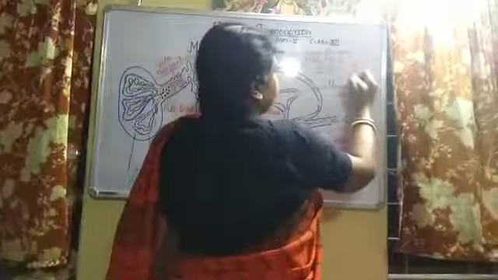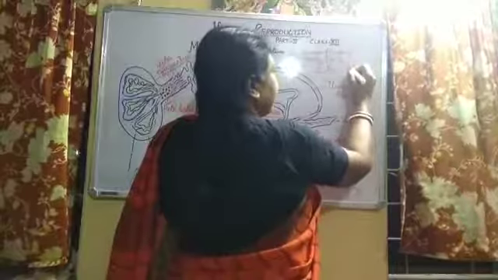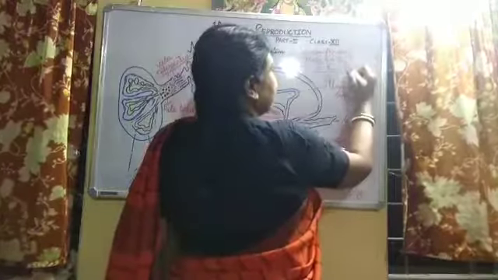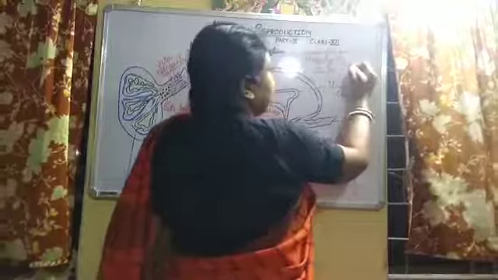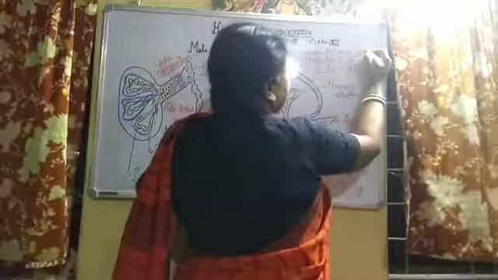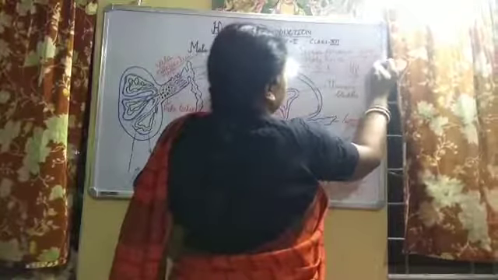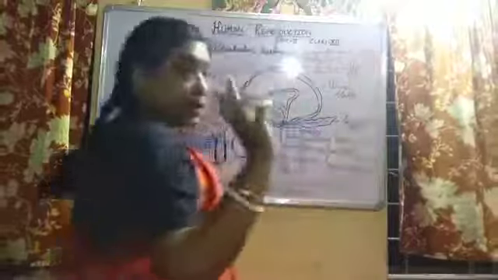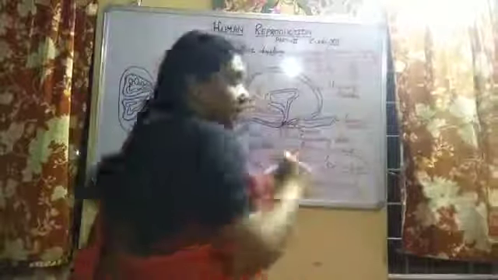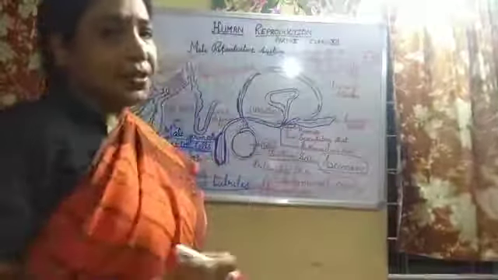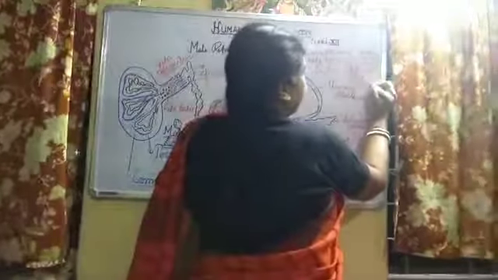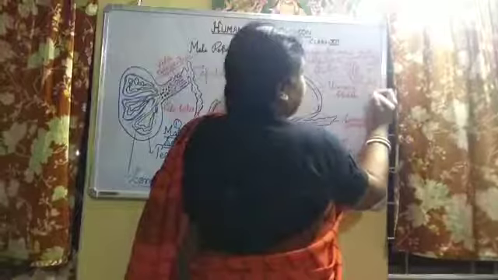If the seminiferous tubules are coiled structures, you will find space in between two seminiferous tubules, and this space is known as interstitial space, consisting of interstitial cells, or Leydig cells.